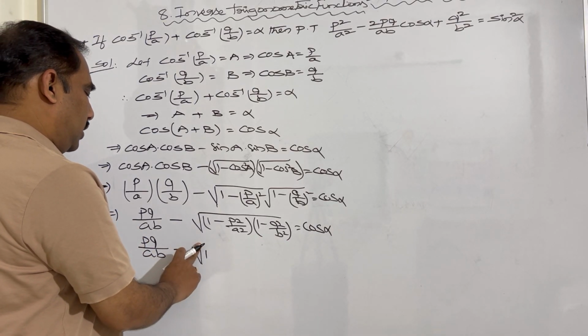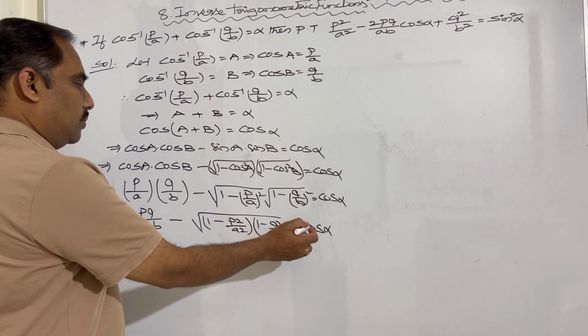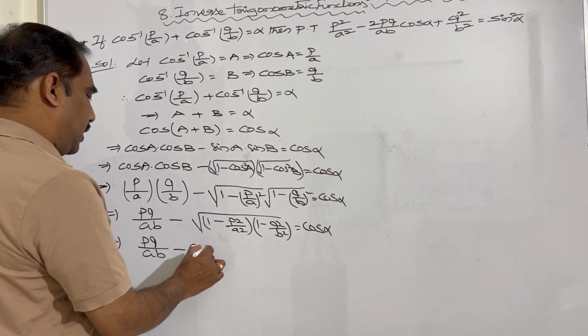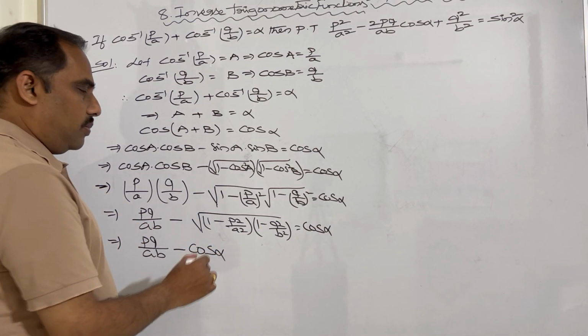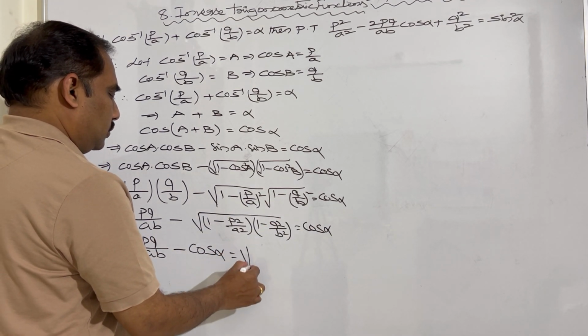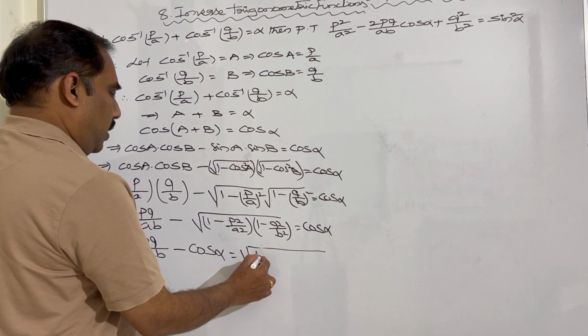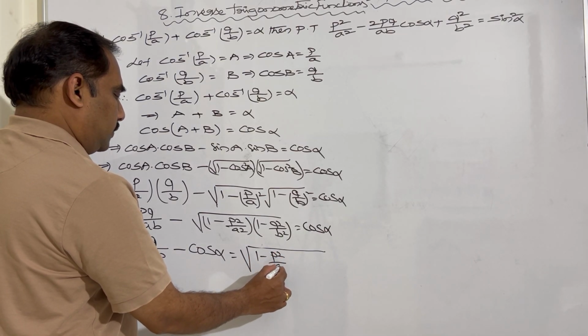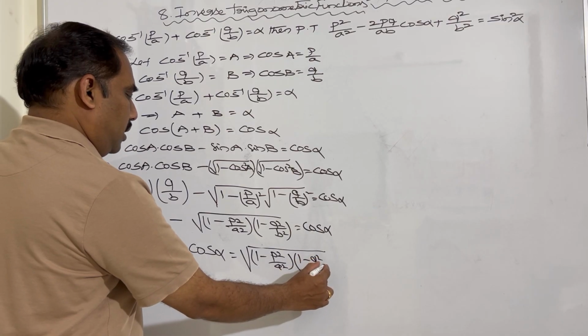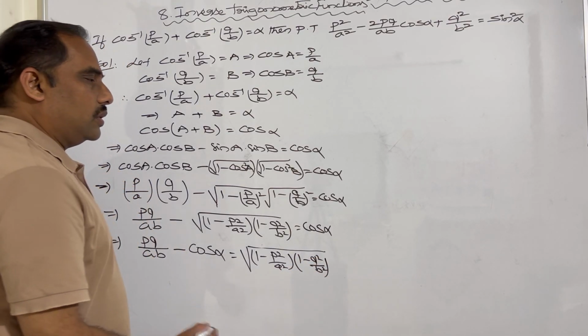Otherwise, you can do one thing: if you bring cos alpha to the left hand side, pq by ab minus cos alpha, and send the root term to the right side, which is root over 1 minus p square by a square into 1 minus q square by b square. Like this also you can do.